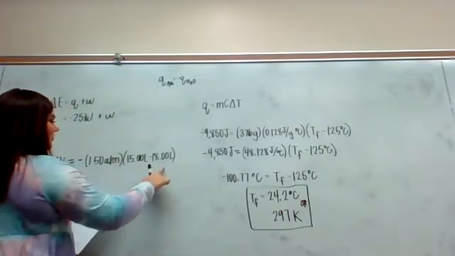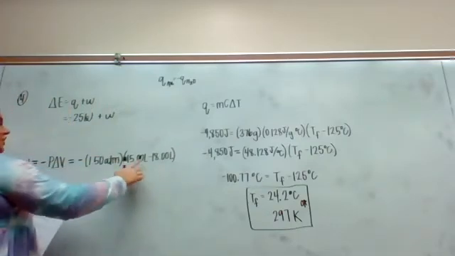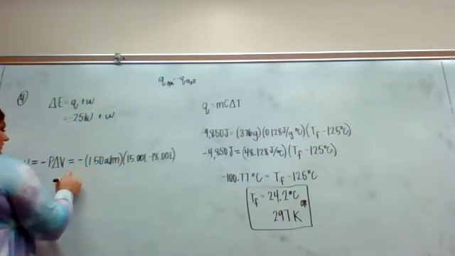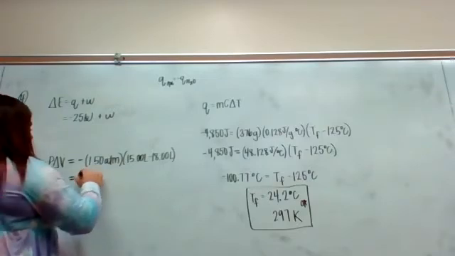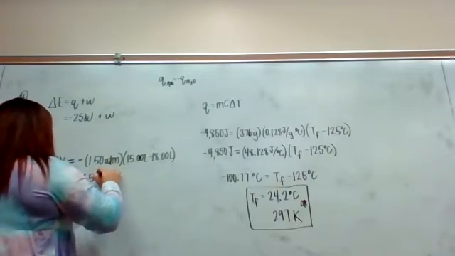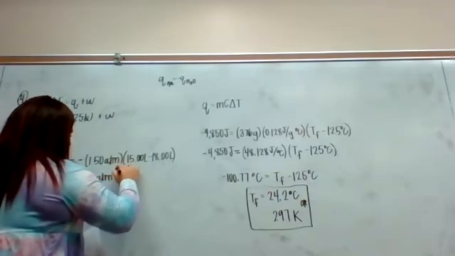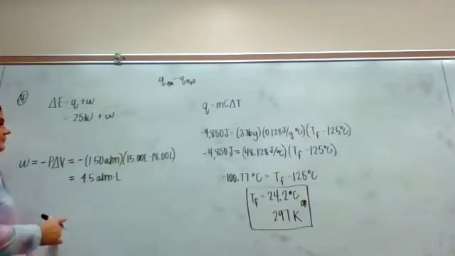So this is going to give you a negative number. So it's going to cancel out that negative. 15 minus 18 is negative 3. So you get positive 4.5 atmosphere times liters.